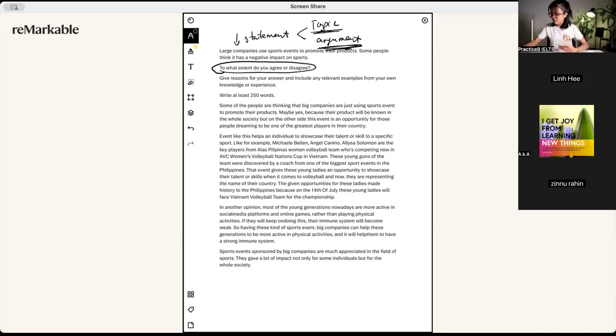My opinion, I 100% agree. This is my opinion, okay? It's your opinion, I'm not controlling this. Let me know if you agree or disagree. No need to write a long sentence. Just say agree 100%, disagree 100%, or partially agree, partially disagree. Just write it down in the comment section.